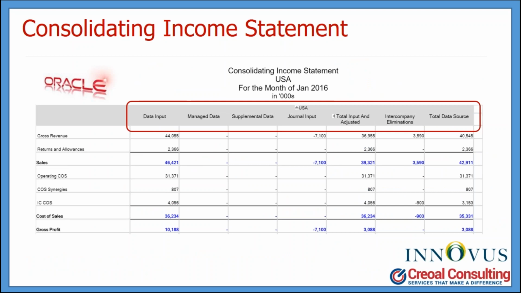So what was inputted, where are your eliminations, your adjustments, the fact that you have that capability right within FCCS. There's no more trying to figure out what Excel model did I use to do that consolidation, or is this formula correct? No, FCCS handles that right out of the box and provides you with that audit trail.